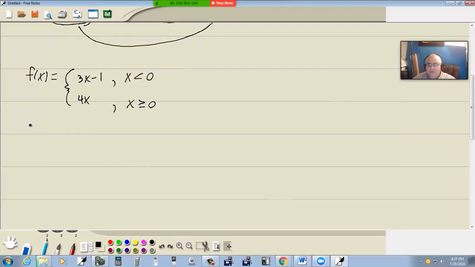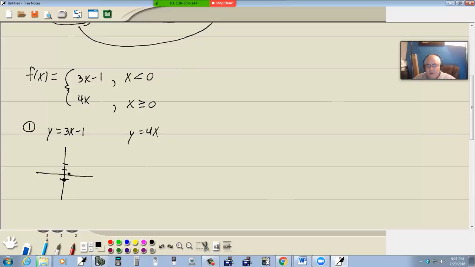Well, what we're going to do first, step 1, is graph each piece separately. So I'm going to graph y is equal to 3x minus 1 and y is equal to 4x. And here's my y-intercept, put a point there. Slope is m, which is 3, which we can rewrite as 3 over 1. Change in y over change in x.